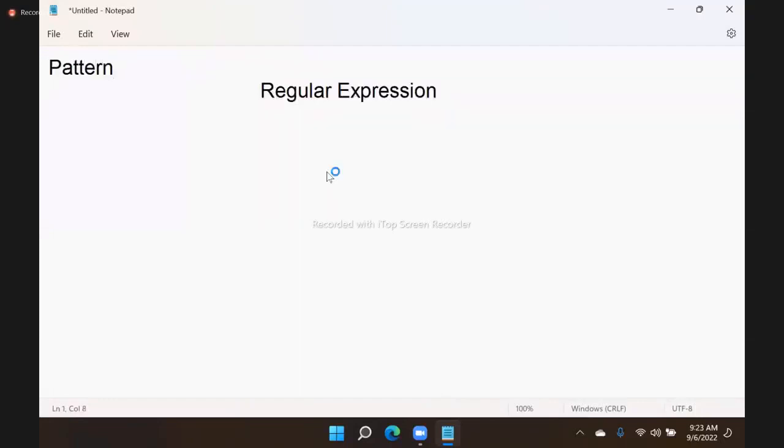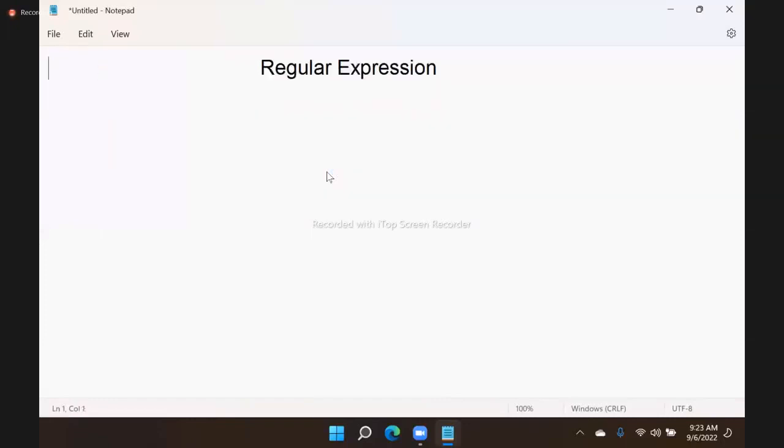For text box, a lot of attributes are there, and among them we have one attribute, pattern. Pattern's purpose is to verify whether the value you entered is according to the requested format. And how are the formats verified? Formats are verified by using regular expression.